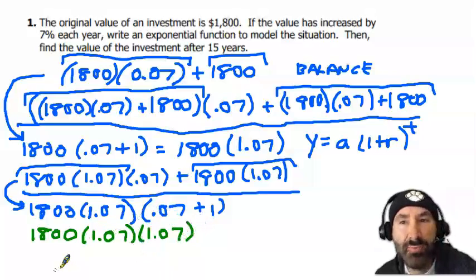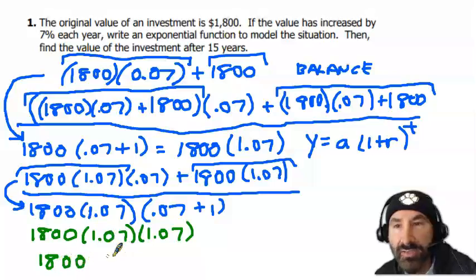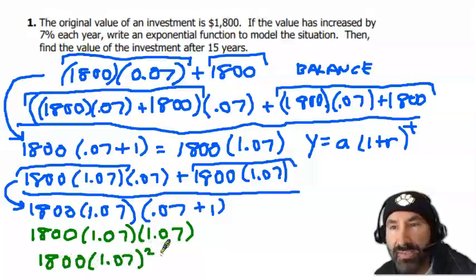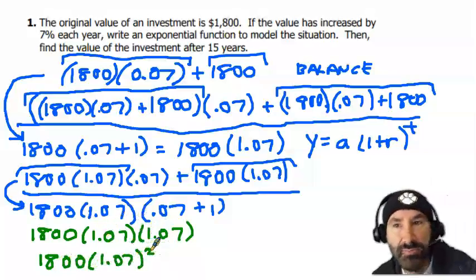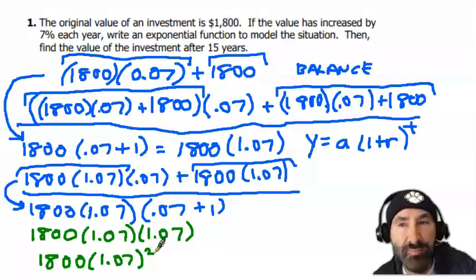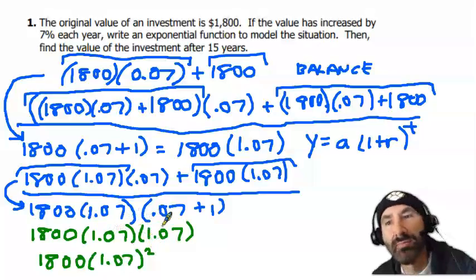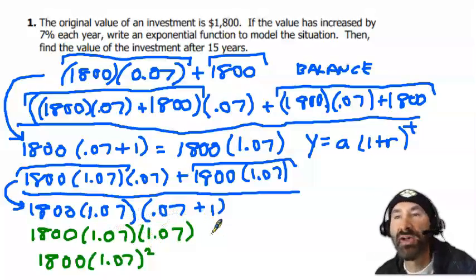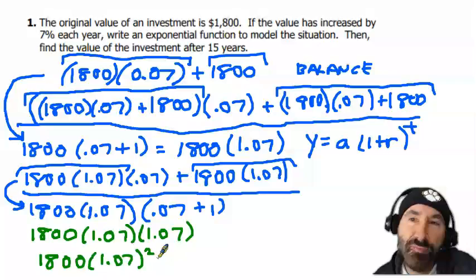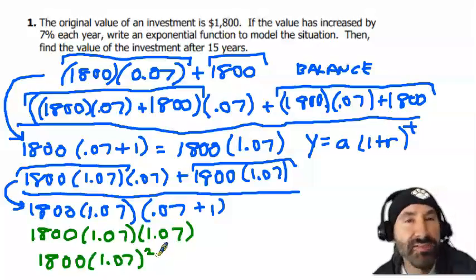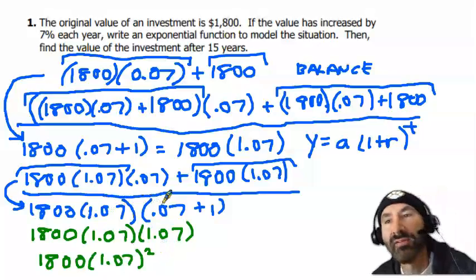So another way I could write this is 1800 times 1.07 raised to the power of 2. You'll remember that something times itself justifies the exponent of 2. Now, if we had 1.07 times 1.07 times 1.07, we'd put a 3 here. And it turns out that for the balance at the end of the third year, that's exactly what we'd have: 1.07 times 1.07 times 1.07.